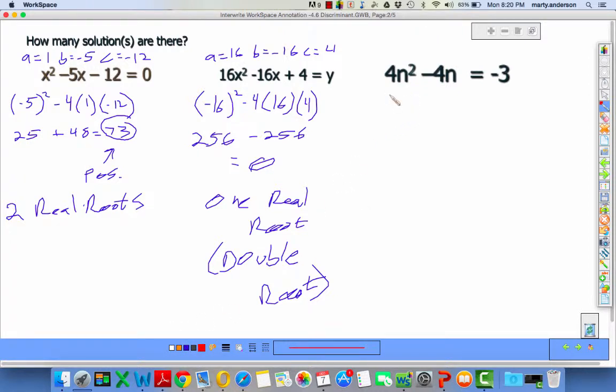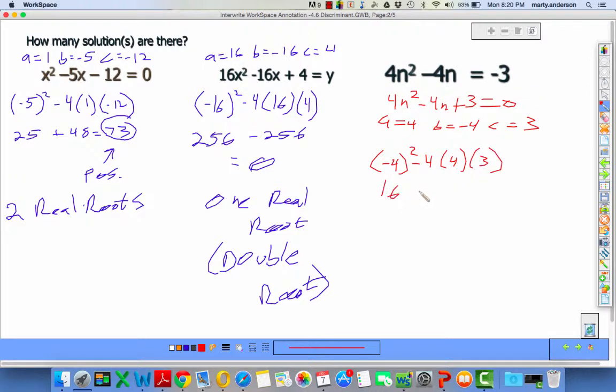This one, be a little bit careful. The first thing we need to do is move the 3 over. And a is 4, b is -4, c is 3. And again, we're going to do b squared minus 4ac, 16 minus 48, negative 32.